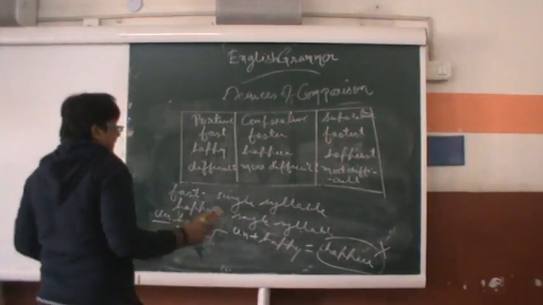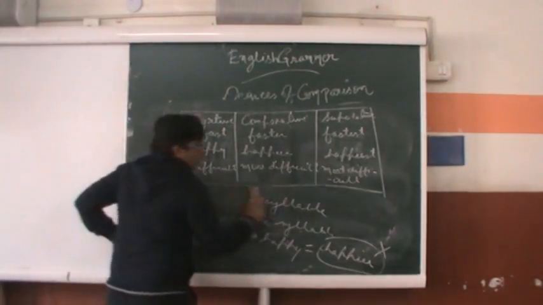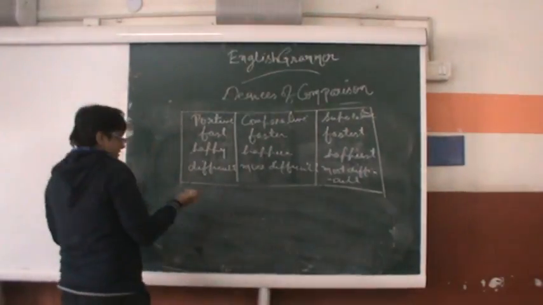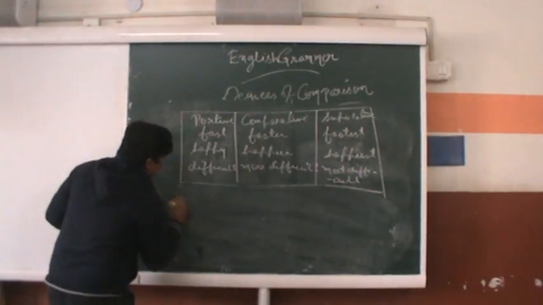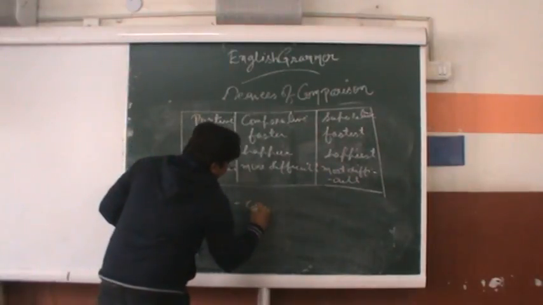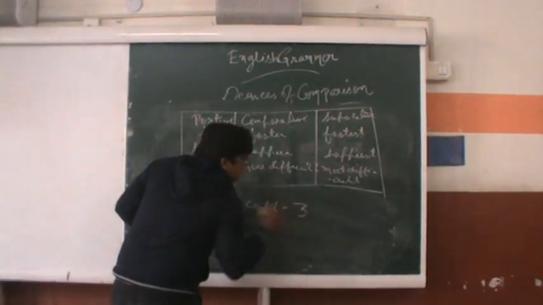So similarly, when we write difficult, we have diff, fee, cult, that means three syllables.